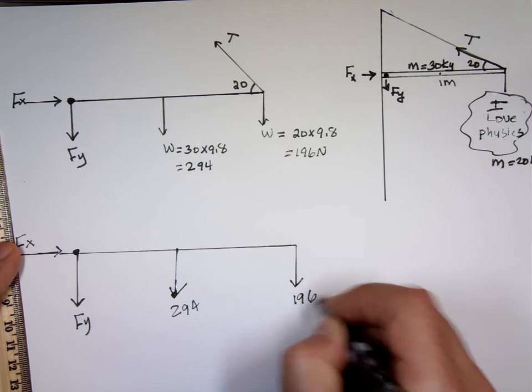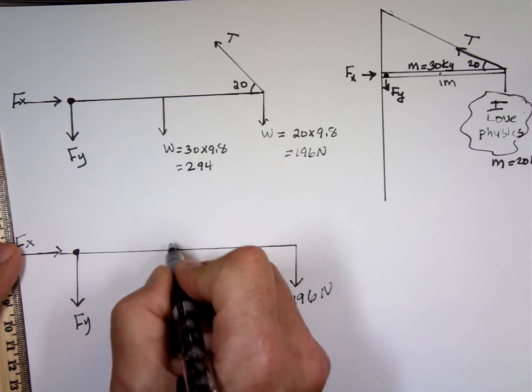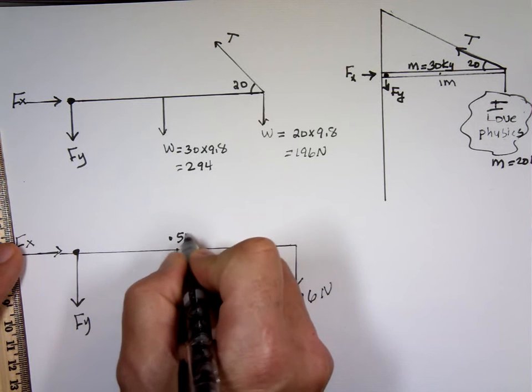If this is the pivot point, this is 0.5 meters. This is 1 meter here.